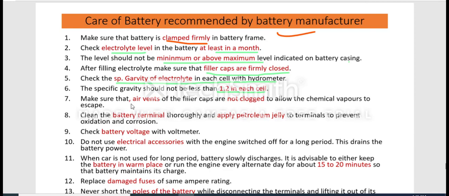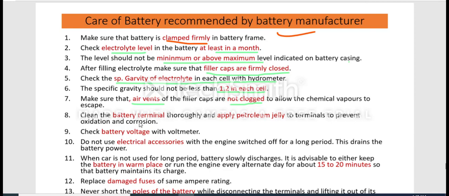Make sure that air vents of the filler caps are not clogged, to allow the chemical vapors to escape. Otherwise the vapors will remain inside the battery and it may cause the battery to not work properly.